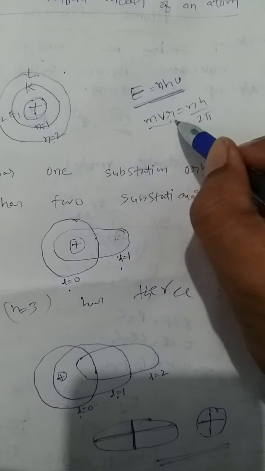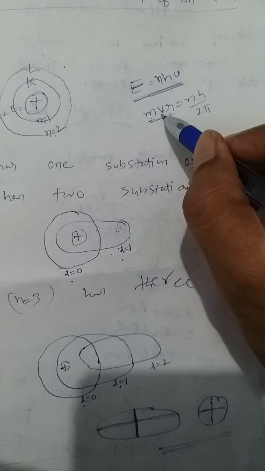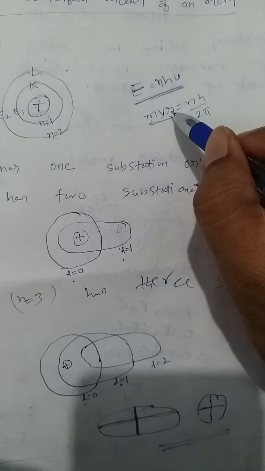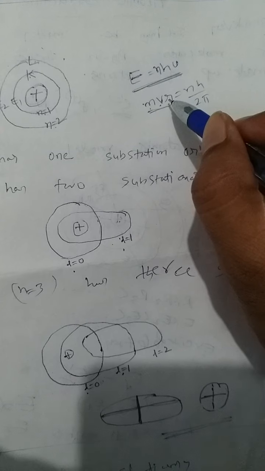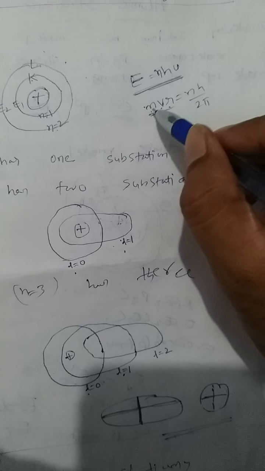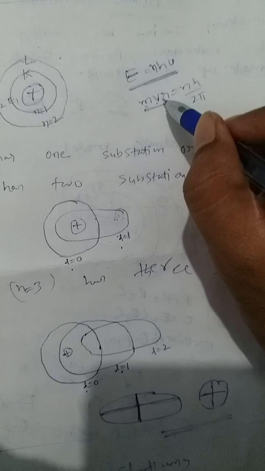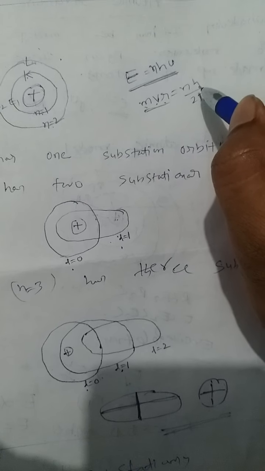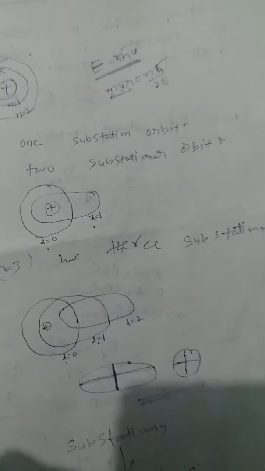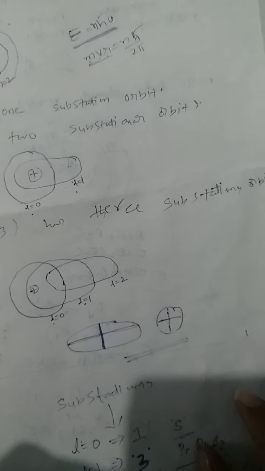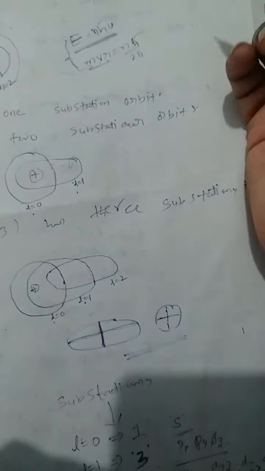Angular momentum of an electron means the product of the mass of the electron, the velocity of the electron, and the radius of the rotating path of the electron. This product, m v r, is called angular momentum, and it is also a simple integer multiple of h by 2 pi. Here h is the Planck constant. All these things were discussed in the previous class.